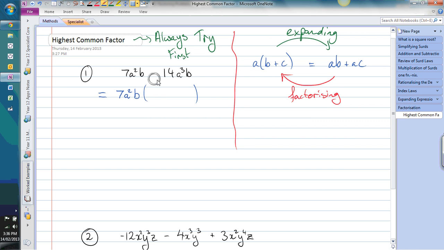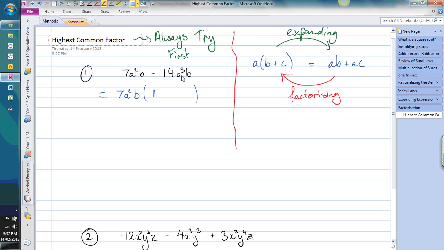And once we've identified that highest common factor, in this case 7a squared b, we can now write in what's left over from each of these terms, and we need to think as we're doing it that if I expanded this out again, I have to get back to the original. So if I divide this first term, 7a squared b, by 7a squared b, that's just dividing it by itself. What's left over is going to be 1.